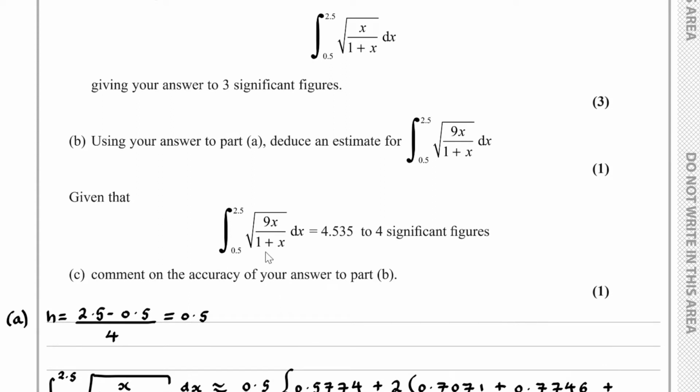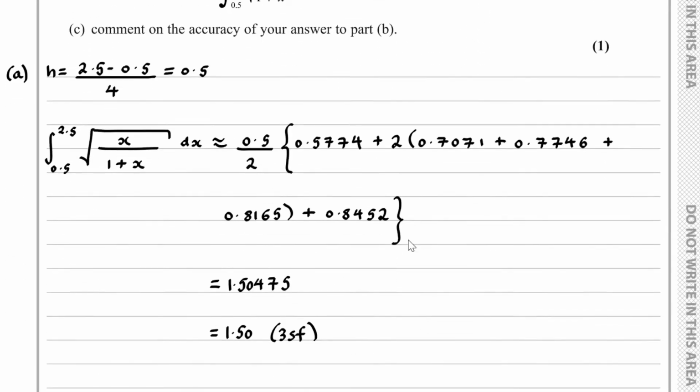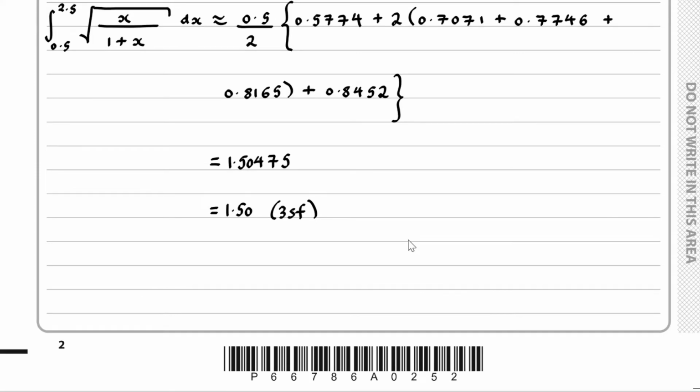And now for part B of the question, using our answer to part A, we have to deduce an estimate for the integral in between 0.5 and 2.5 of the square root of 9x over 1 plus x with respect to x. Well, here for part B, we would have to use the laws of surds.